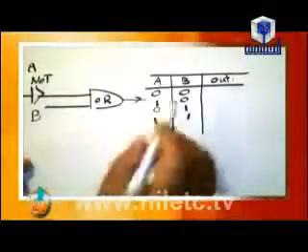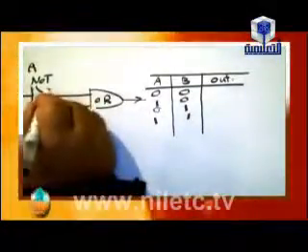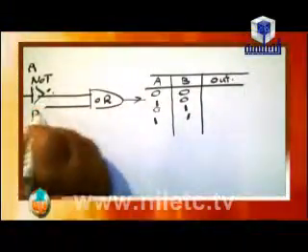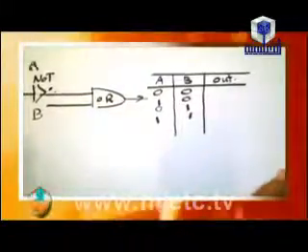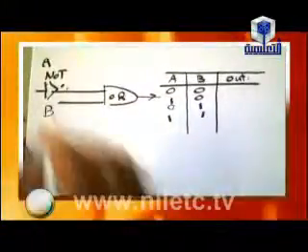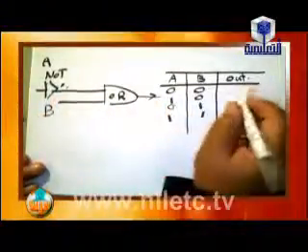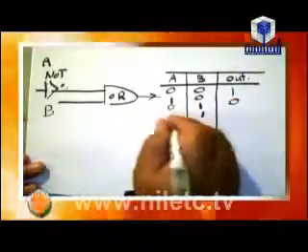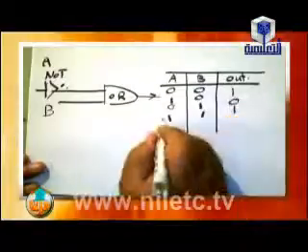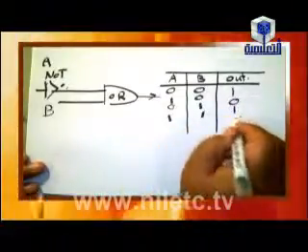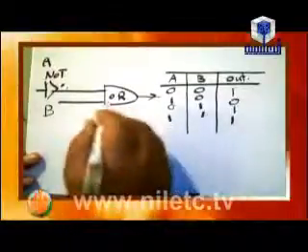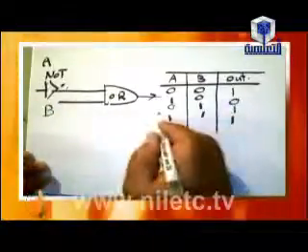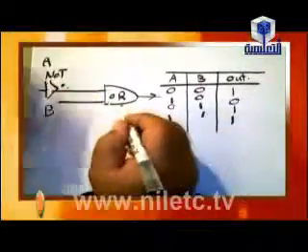We want to complete it. In the first case, A 0 0 in NOT will be 1, so 0 0 gives 1, and 1 0 gives 0, and 0 1 gives 1, and 1 1 gives 1, because the OR has two keys connected in parallel. So this is the truth table, and we complete it in case of NOT gate and OR gate.